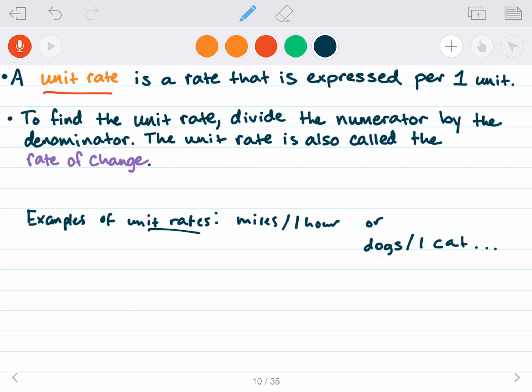But it's huge, and you calculate the cents per ounce of peanut butter. And it's a much better deal than if you were to get the peanut butter at Walmart. So anyway, that's why unit rates are important.